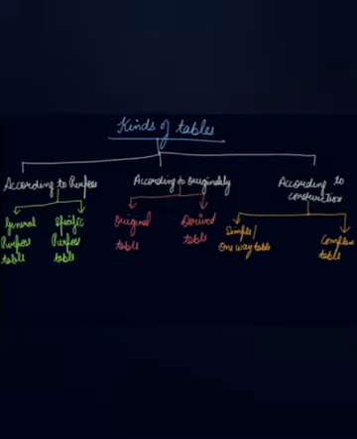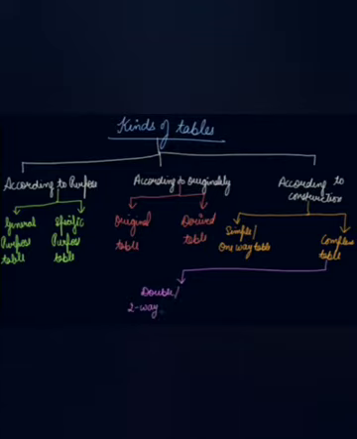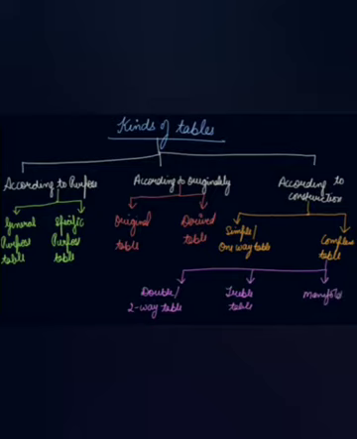The complex table is further divided into three parts that are double or two-way table, then your treble table, and the last is your manifold table. Now let's understand these kinds of table in detail.